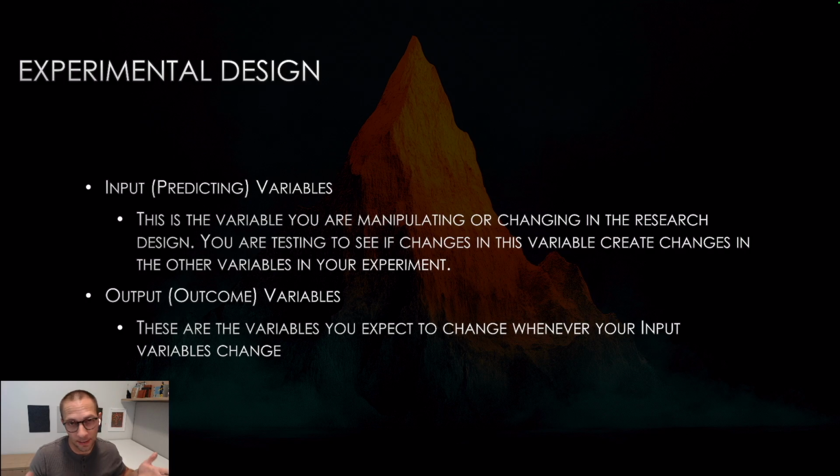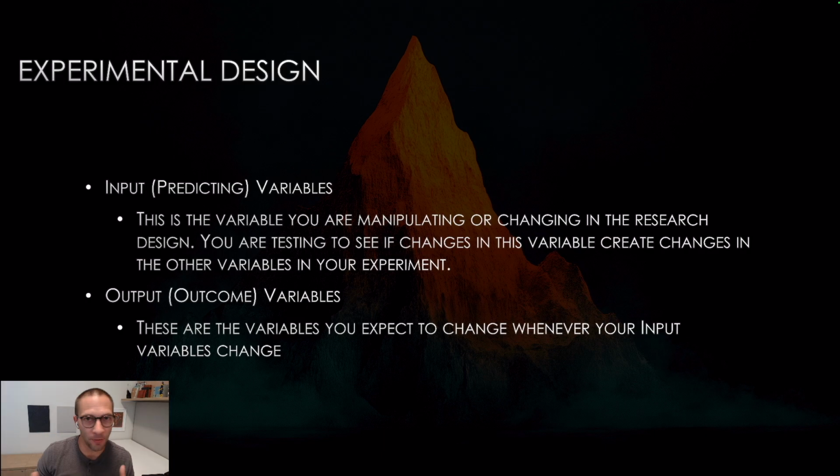So taking the last example, does a humorous ad versus an emotional ad increase the likelihood that a customer comes to our website? In that case, the ad version, whether it's emotional or humorous, is going to be your predicting variable, your input variable, the ad type.